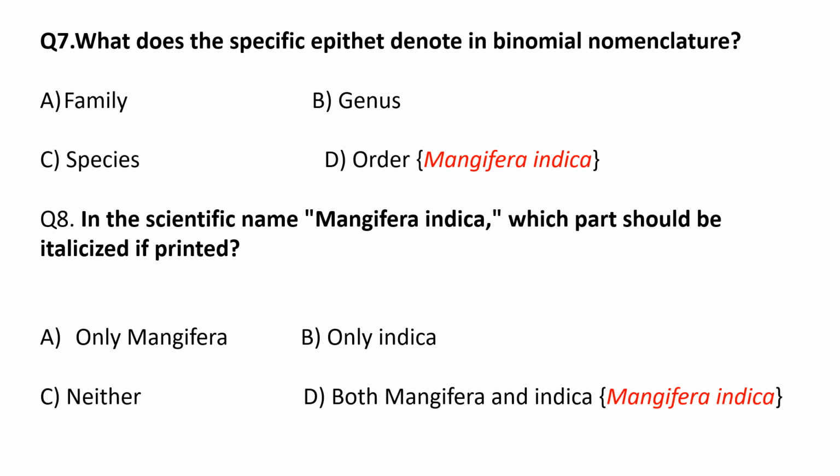What does the specific epithet denote in biological nomenclature? It denotes the species. In the scientific name Mangifera indica, which part should be italicized if printed? Both Mangifera and indica should be italicized. You can see the example.